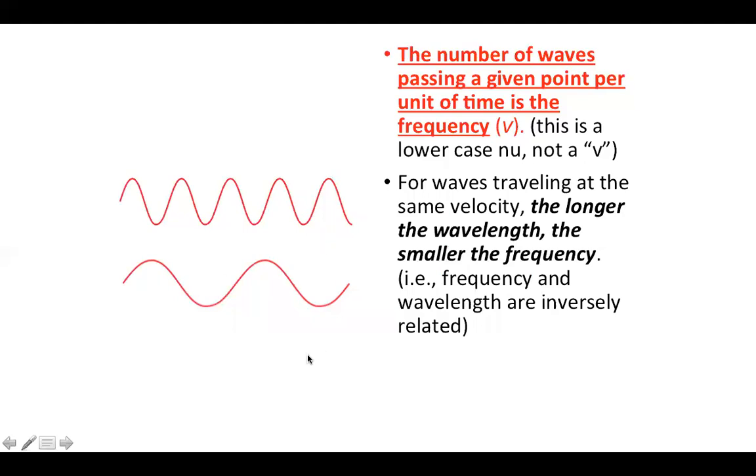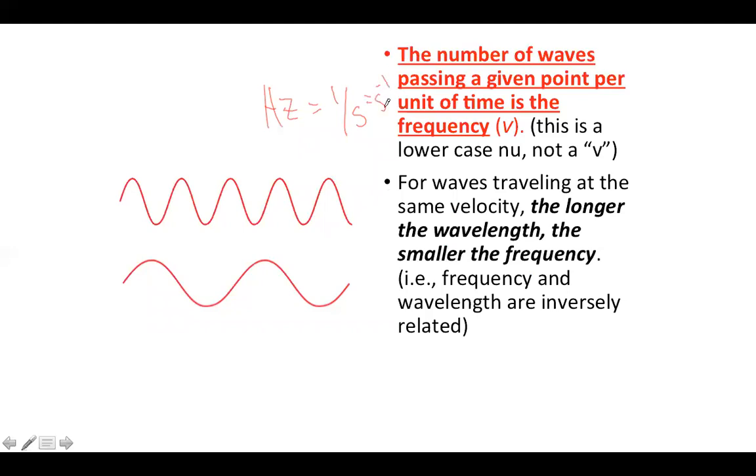All right, the next characteristic of waves we're going to look at is frequency. Frequency is the number of waves that pass some given point per second, or per unit of time. We measure frequency in units of hertz, represented with Hz, which is also equal to 1/second, or inverse seconds.